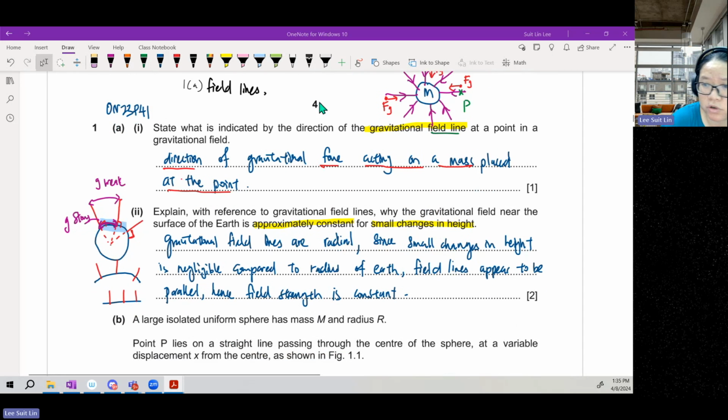But if you want to focus on just the beginning part, just 1A, you can refer to Winter 20 P41 question 1.